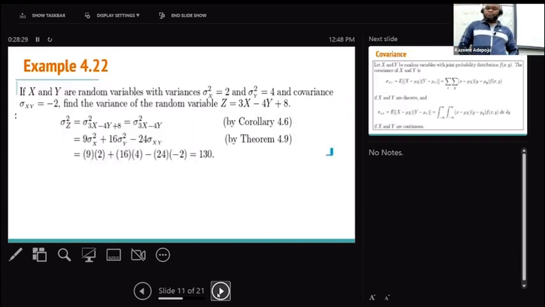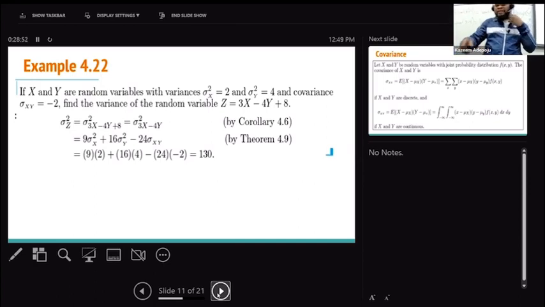This is an example. If X and Y are random variables with variances, the variance of X equal to 2, the variance of Y equal to 4, and the covariance equal to -2. Take a look at that. What we use to denote covariance is sigma XY.